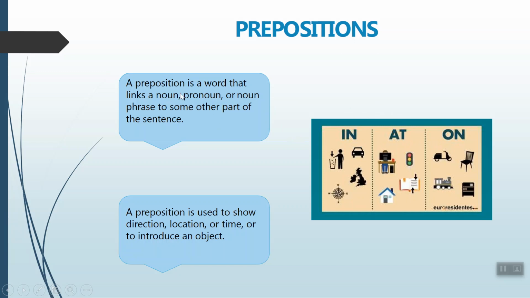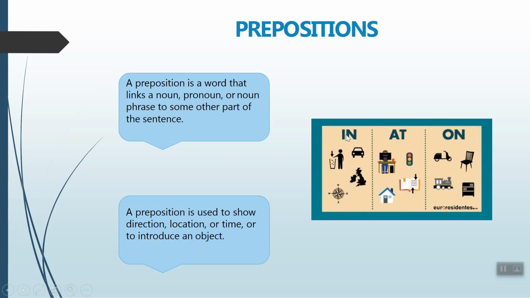A preposition is a word that links, that connects a noun, pronoun, or noun phrase to some other part of the sentence. When do we use it? To show direction, location, or time, or to introduce an object. Here we have this picture.